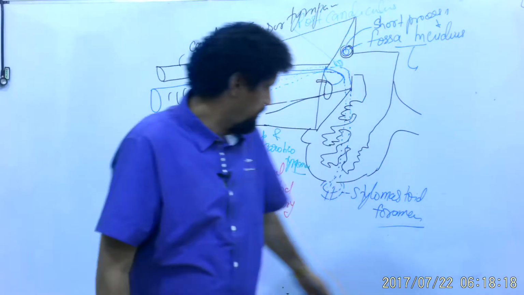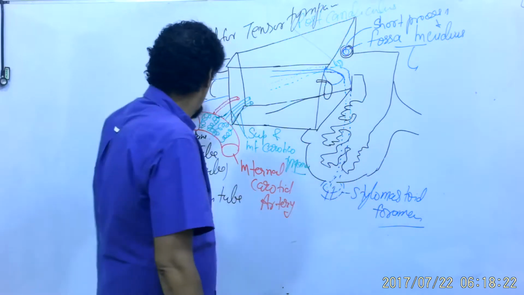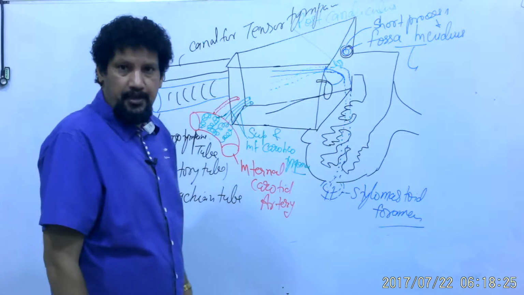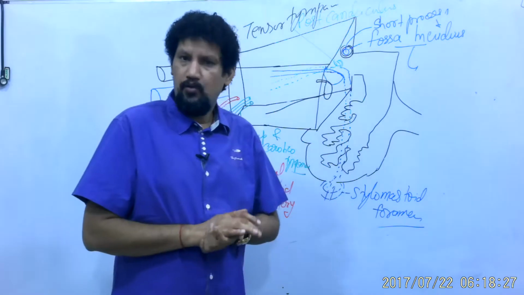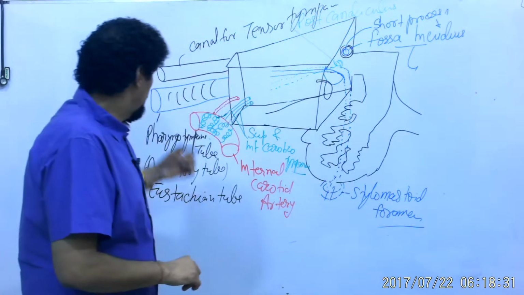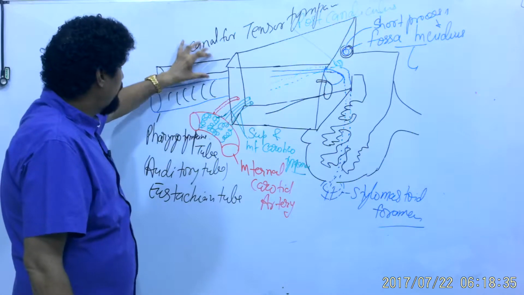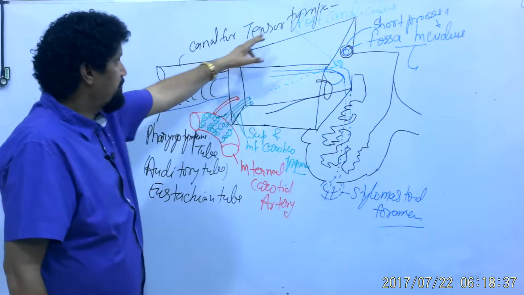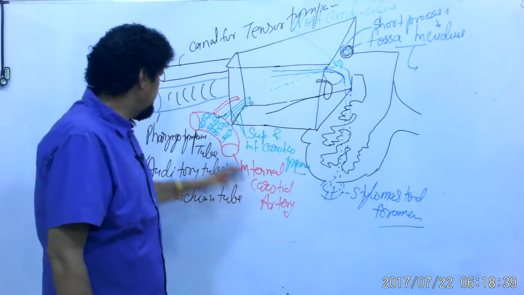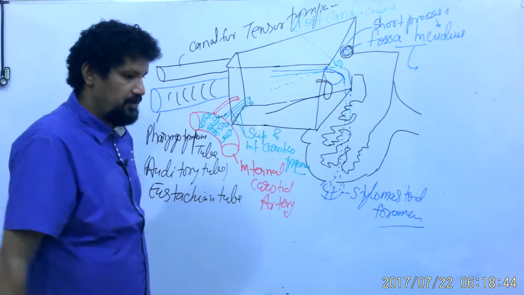So, the posterior wall and the anterior wall of the middle ear cavity, one more modification of the anterior wall. When we see this anterior wall, this is the canal for the tensor tympani muscle, and this is the opening of the auditory tube.